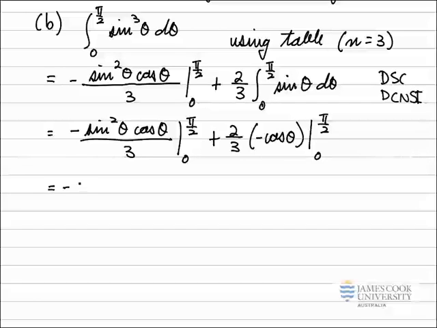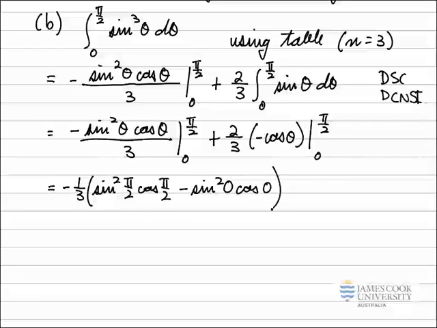Let's take the minus 1/3 out in front of this first term. All we're left with is sine squared theta cos theta. Substitute in the top limit: this gives us sine squared of pi on 2 times cos of pi on 2. Minus the bottom limit, substituting in, is sine squared of 0 times cos of 0.